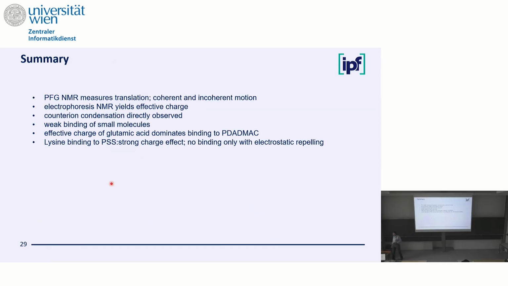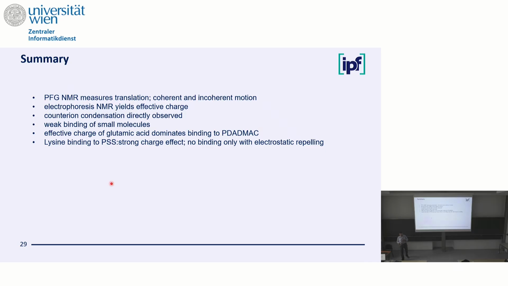I think with that, I'm a bit faster than expected. I hope I could show you that pulsed field gradient NMR is very useful to measure translation of molecules in solution. We can separate coherent and incoherent motion. We can see counterion condensation directly, as we can observe the motion of counterions with charged macromolecules.